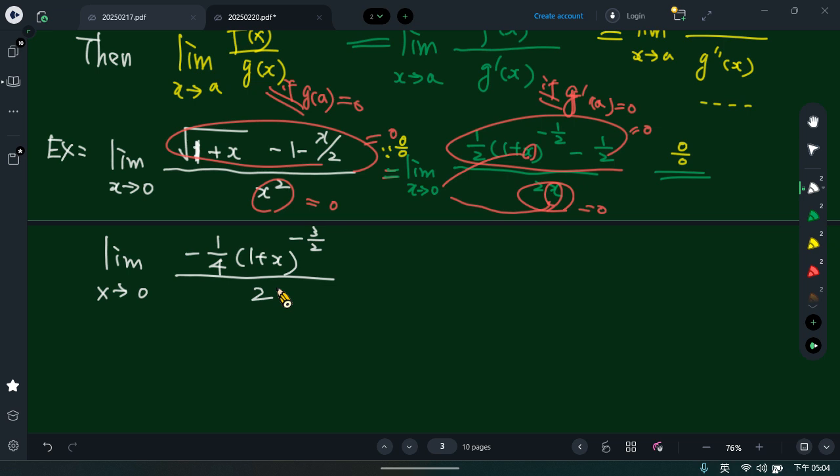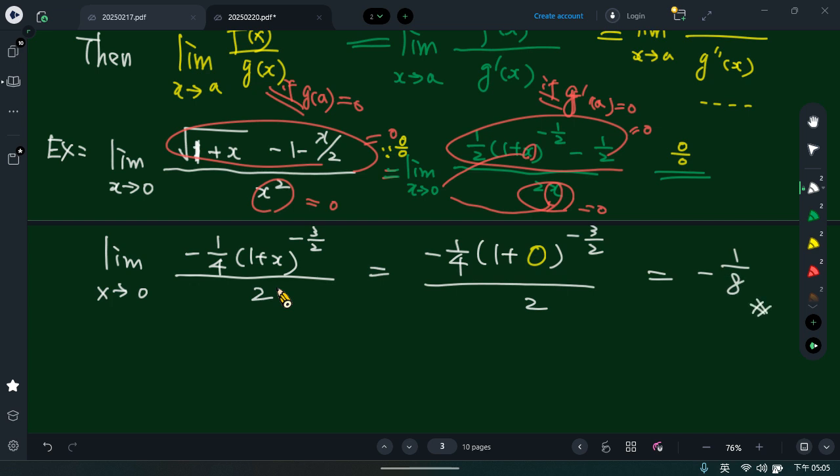Even here is also non-zero, right? So then you can just get the result by using negative 1/4 times (1 plus 0) to the power of negative 3 halves, over 2. So the result is this one.